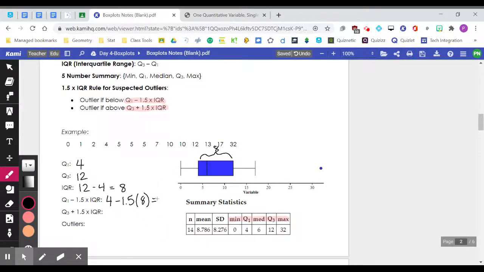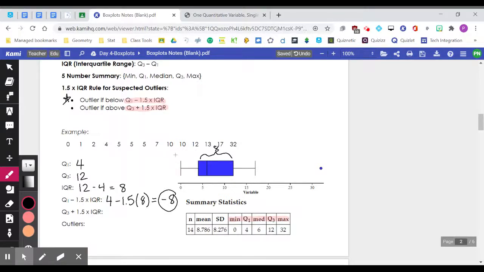So in the end, you should be getting a negative 8. So for our outlier test for a number below, if it's below, in this case, a negative 8, then we have an outlier. Now our lowest number was a 0, so that's not below a negative 8. So in that case, we don't have any outliers to the left of our graph.